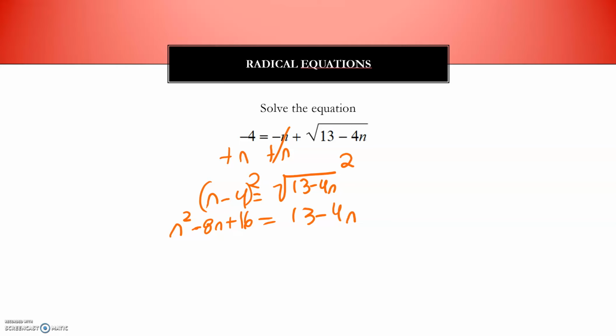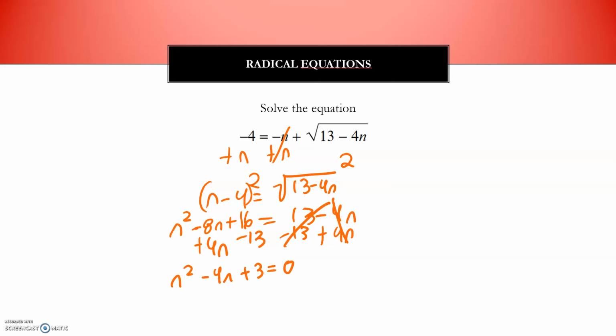So that means factoring or quadratic formula. I'm going to put the trinomial on the left because n squared is positive, and I really don't want to try to find out what happens if it goes negative. And so I'm going to subtract 13 from each side as well. So n squared minus 4n plus 3 equals 0.